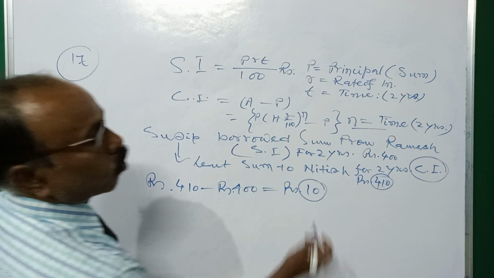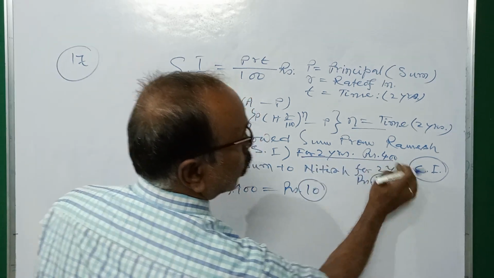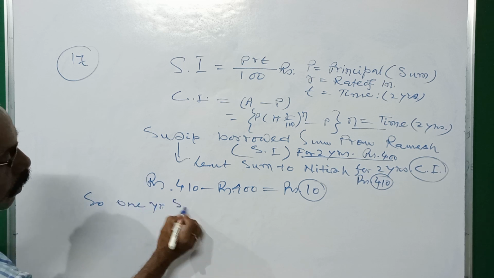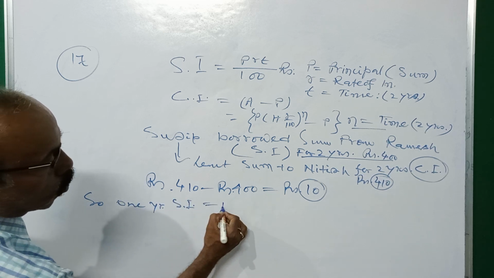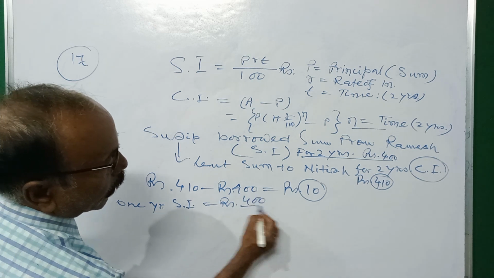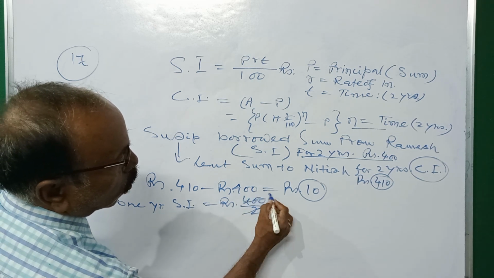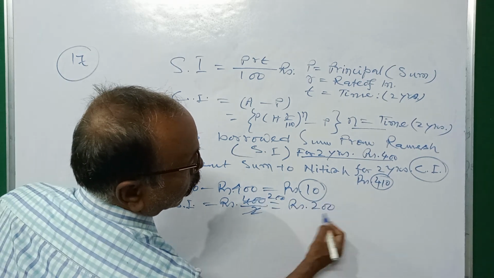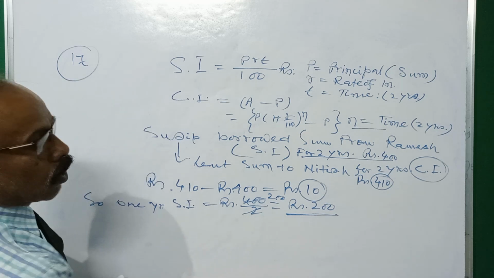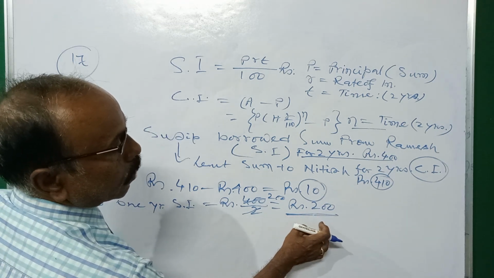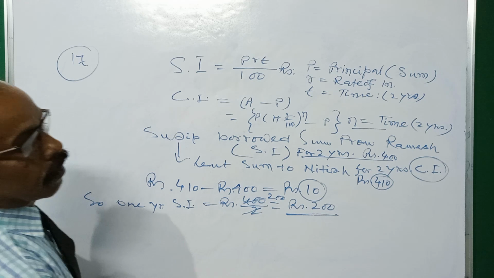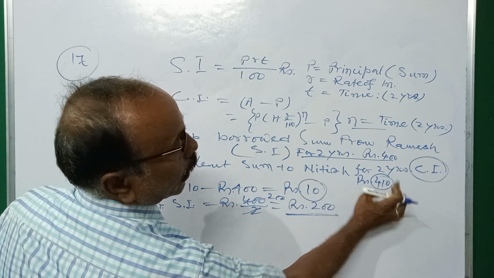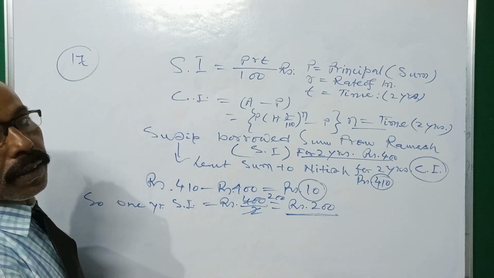You see, here 2 years simple interest is 400. So 1 year simple interest is equal to rupees 400 divided by 2, which is equal to rupees 200. Upon this 200, the simple interest in 1 year is rupees 10. For this, the compound interest is also increased to 410 as given.